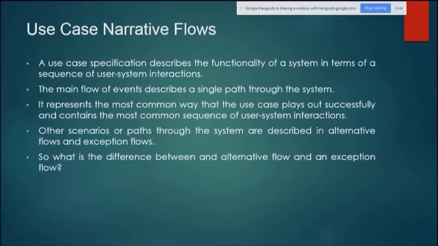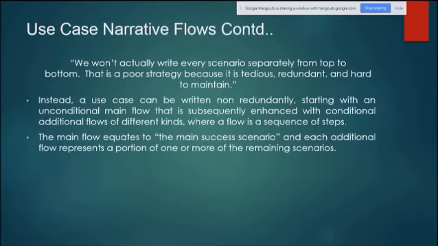It represents the most common way that the use case plays out successfully, and contains the most common sequence of user-system interactions. Other scenarios or paths through the system are described in alternative flows and exception flows.